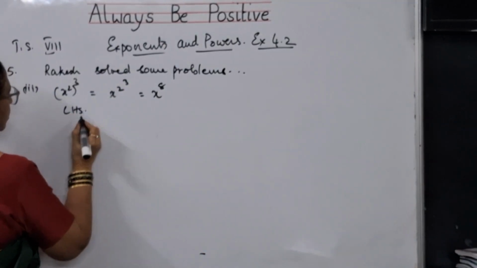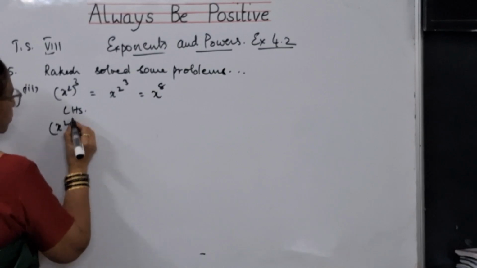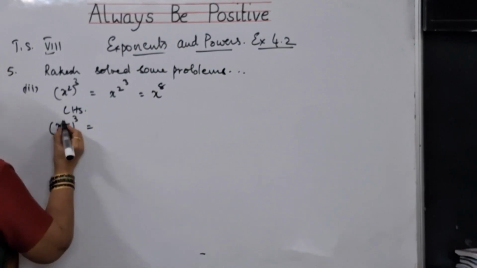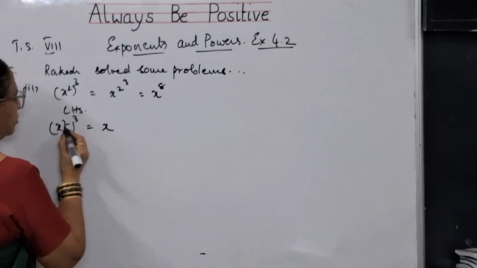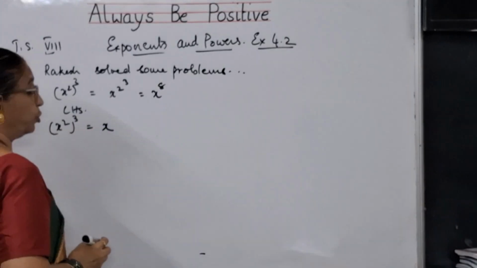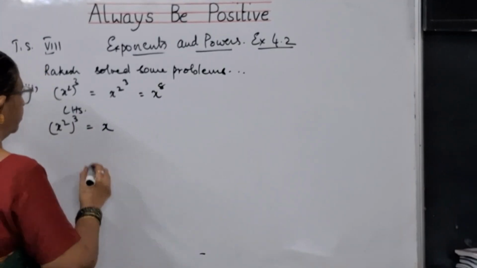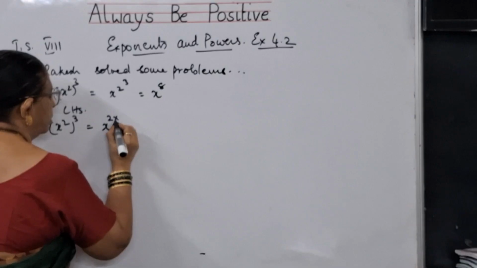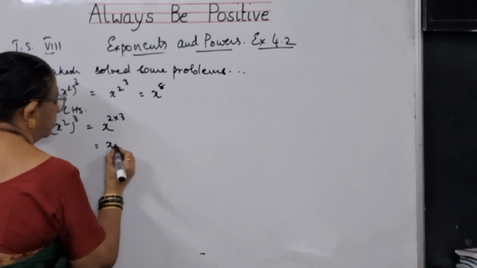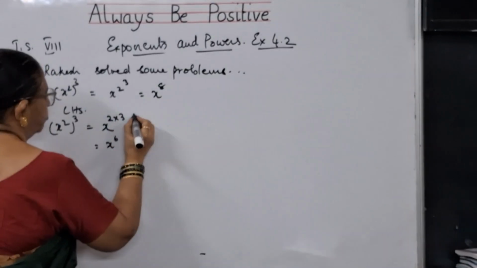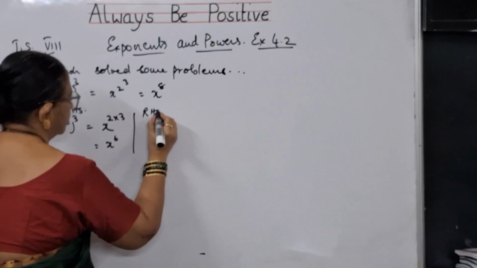So LHS, x square whole cube. When there is a base with the power, x to the power of m whole to the power of n is x to the power of mn. Multiply 2 into 3, x to the power of 6. But what is RHS?